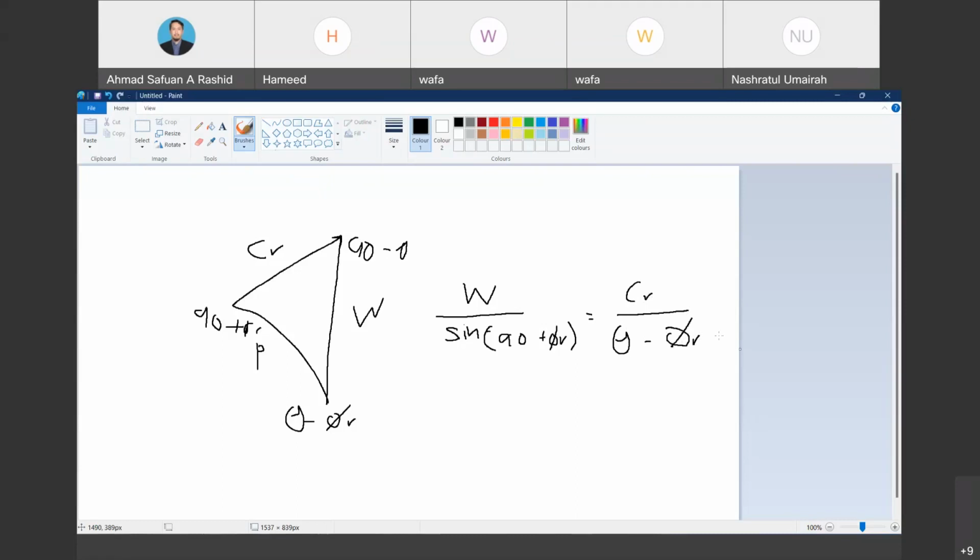So this is the calculation. This is the way that we can determine the CR, by using the sine law.